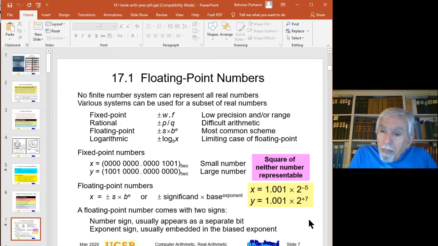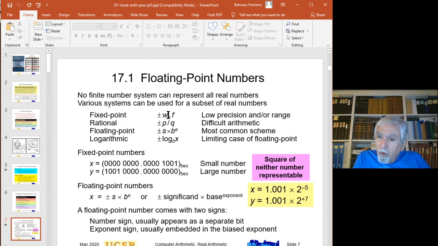So floating point numbers, as I mentioned, represent one way of dealing with real numbers in computers. Of course, real numbers, non-integers, in other words, can be represented as fixed point numbers.